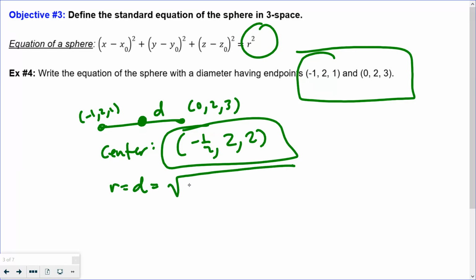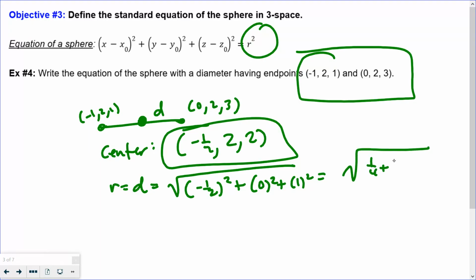It'd be the square root of negative 1/2 minus 0 squared plus 2 minus 2 squared plus 2 minus 3 squared. If I do all of that correctly, what do we get? The square root of 1/4 plus 1, which is equal to the square root of 5/4.